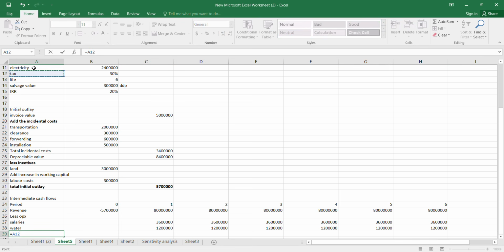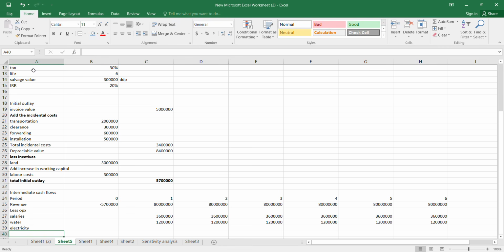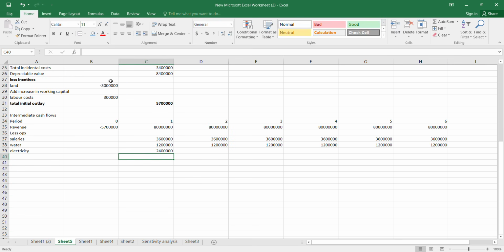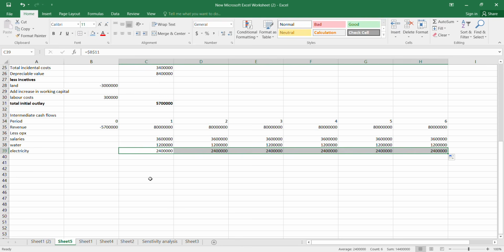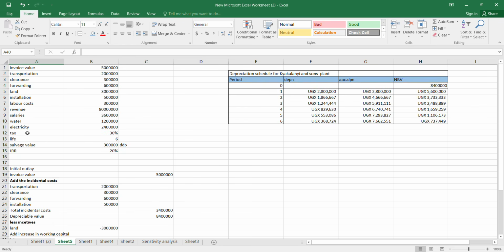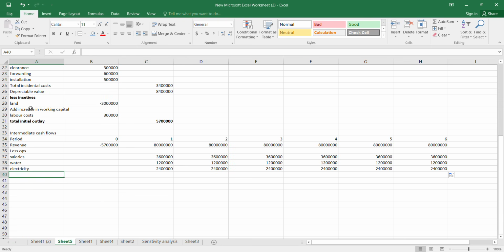This is electricity. Shall fix it. We have the total operating expenses, unless we have any other expenses. First check: electricity, water, salaries. That's it.